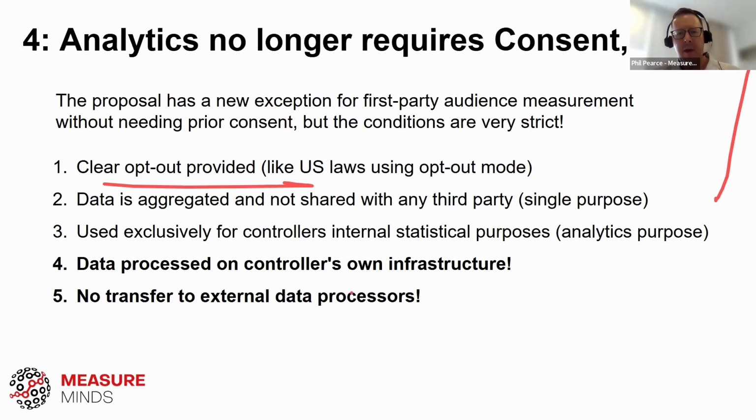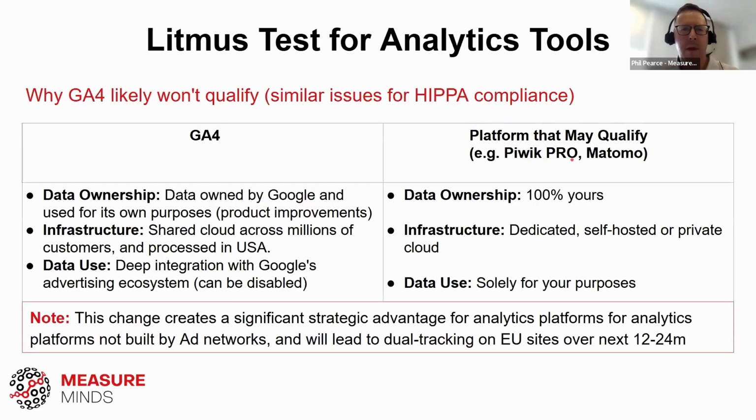So data processing on your own infrastructure. It's not just hosting the BigQuery data on an account you control, it's also the data collection piece as well. And then also no transfer to external data processors. So doing these last two on GA4 is potentially a bit of a problem.